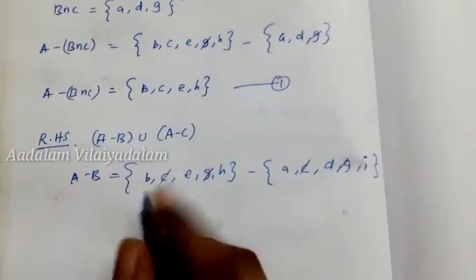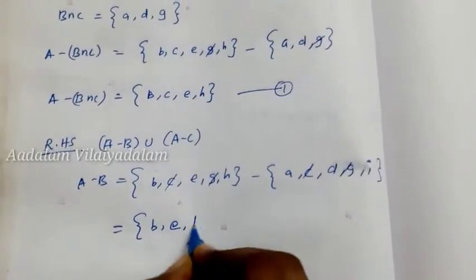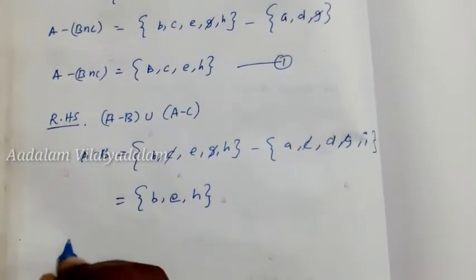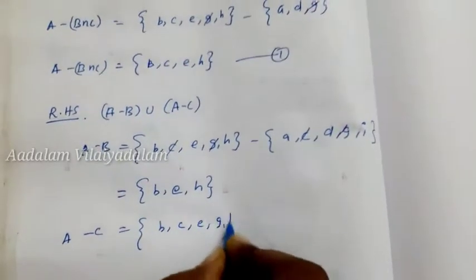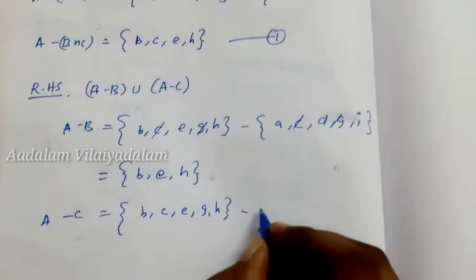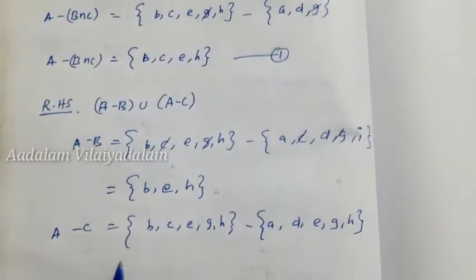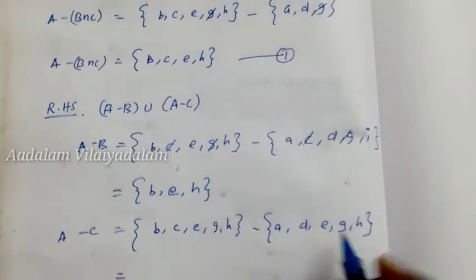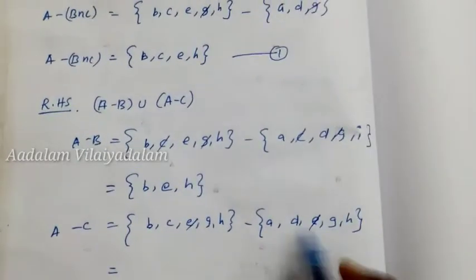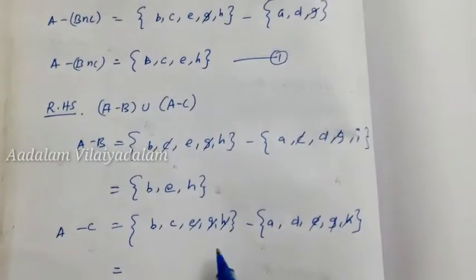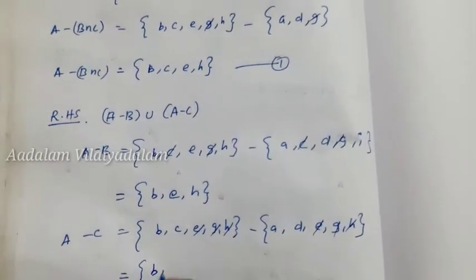Then we write the values of the first set: B, E, H. Now we need to find A minus C. So that is B, C, E, G, H and the elements of C are A, D, E, G, H. Now remove the common elements, that is E, G, H. Then the remaining elements of the first set A are B and C.